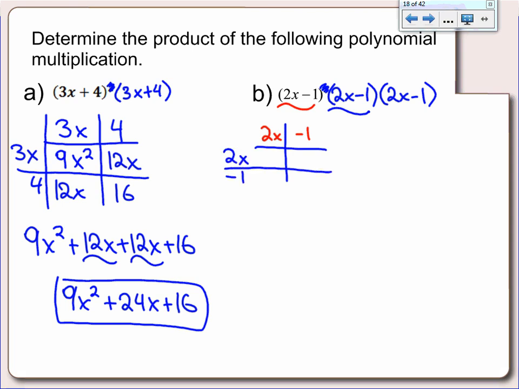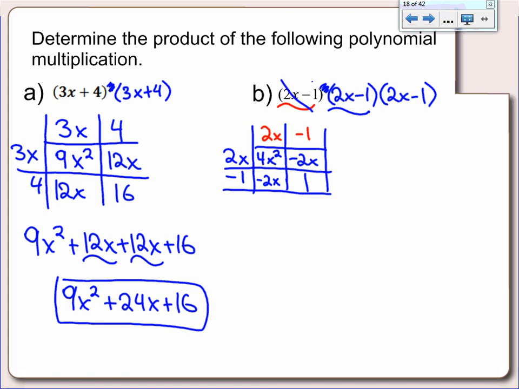So 2x times 2x would be 4x squared. 2x times negative 1 would be negative 2x. 2x times negative 1 would be another negative 2x. Negative 1 times negative 1 would be plus 1, so that's a positive 1. I'm going to make note that this only used these first two polynomials. That third one hasn't been used yet.